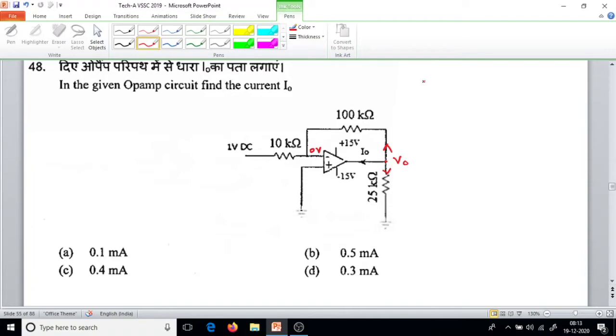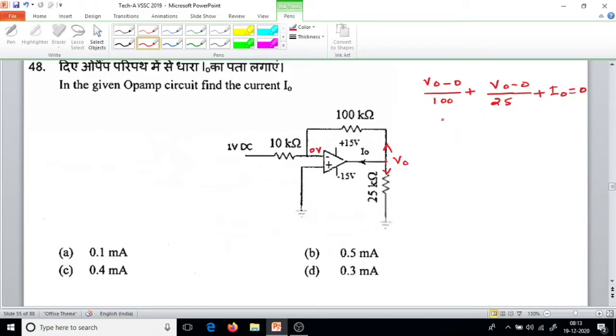Now, (V out minus 100 minus 0) divided by 100 plus (V out minus 0) divided by 25k equals 0. It's a nodal equation. All of you should know how to solve nodal equations. I think I have one video on it, so please check and watch it if you don't know.